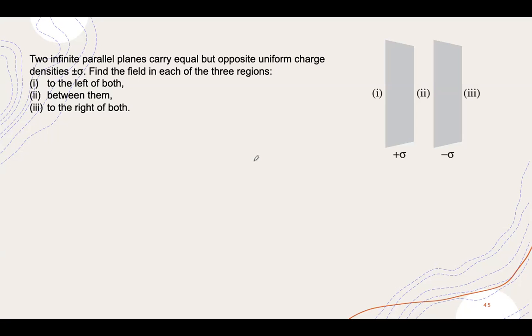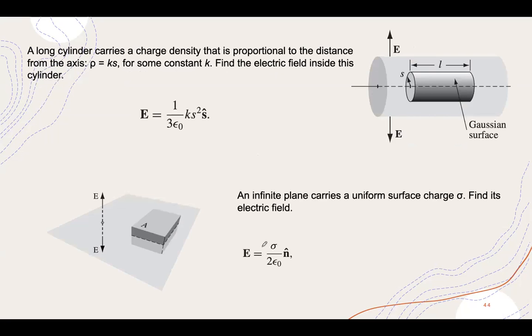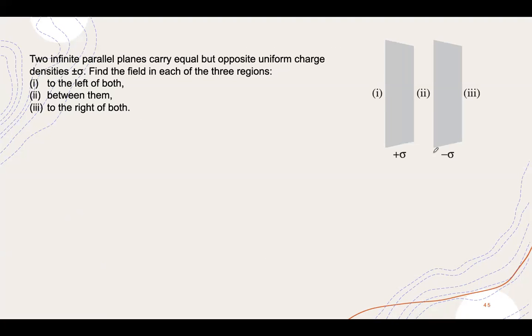Let me give you a hint. Your answer for the electric field of a plane is sigma over 2 epsilon naught n cap. Can we use this formula to solve this problem? Let's suppose that there is no region 2 and no region 3. Just calculate the electric field at region 1.